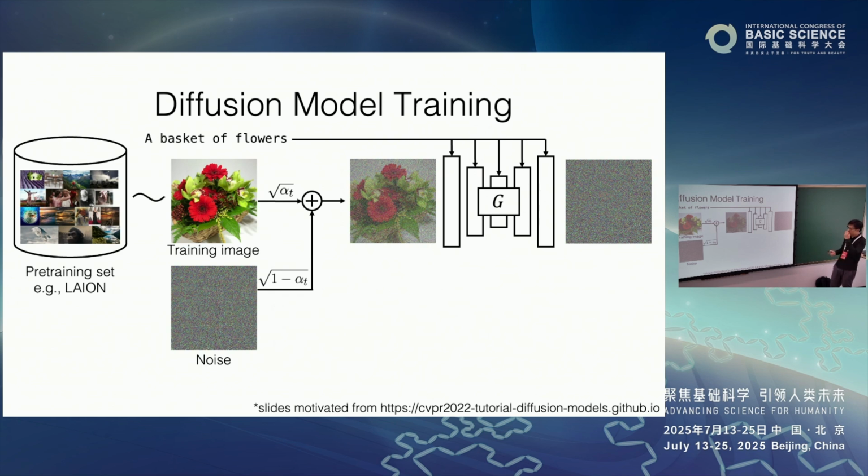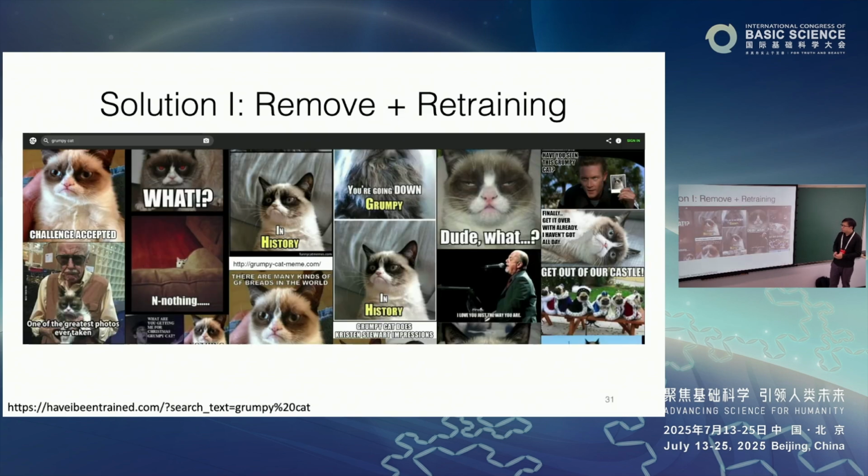It can be a UNet, can be a transformer, and you take a text prompt like a basket of flowers, and the network's job is to learn to predict the noise, minimizing the L2 distance between the predicted noise and the added noise, right? So it's just an L2 minimization problem. It's fairly straightforward.